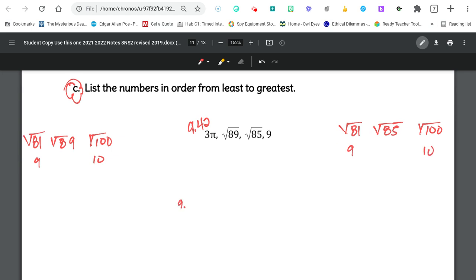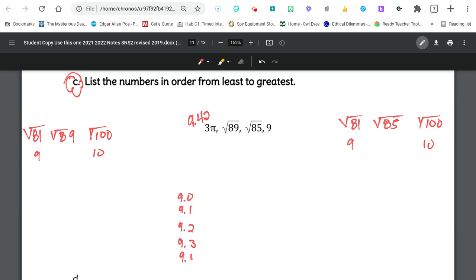So I'll do this. 9.0, 9.1, 9.2. I really don't think I need to start that low. Let me flip my phone around. 9.1 squared is 82.81.